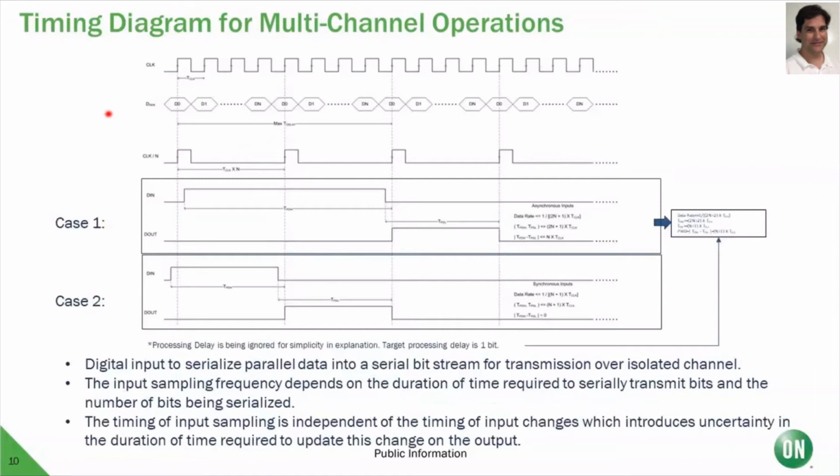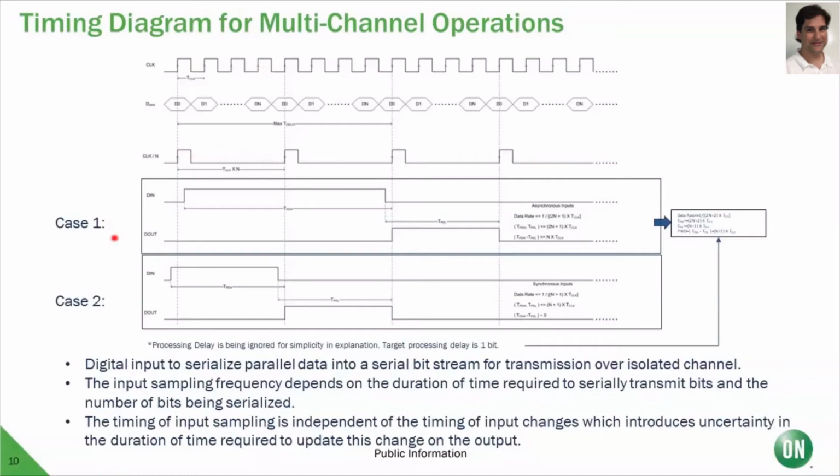What this shows here is the internal clock in our part. Depending on the number of channels, you divide that clock cycle by the number of channels communicating in one direction. In this example, we have 4 channels communicating in one direction, so we're using for each channel 1 clock cycle out of every 4 to communicate the data.